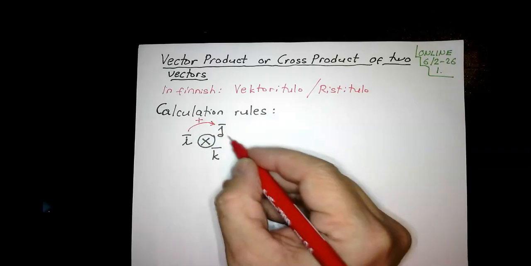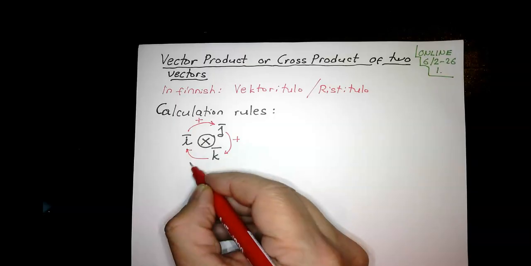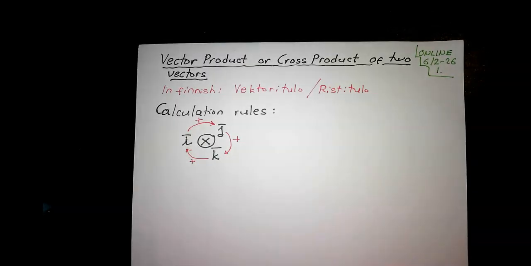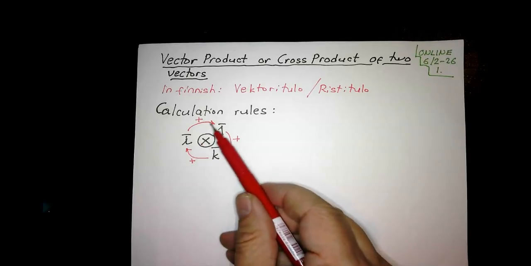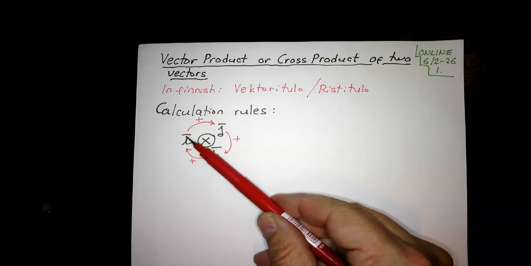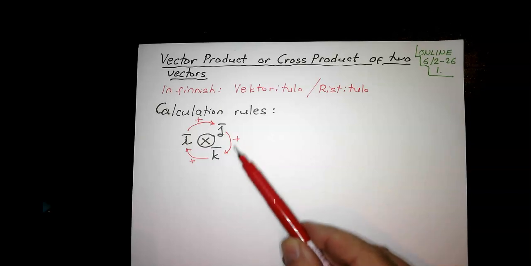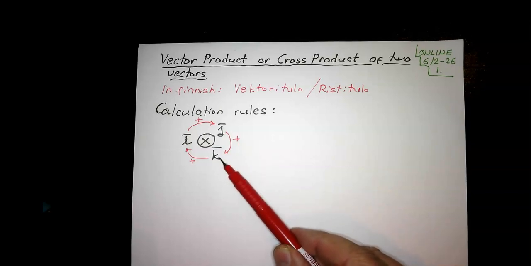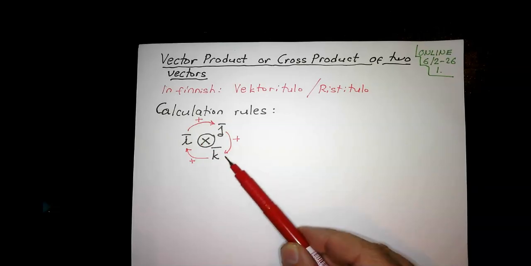This is the plus direction, and we can understand this so that when we take two vectors i and j and we are going in the positive direction, then the result from the vector product i cross j will be plus k.